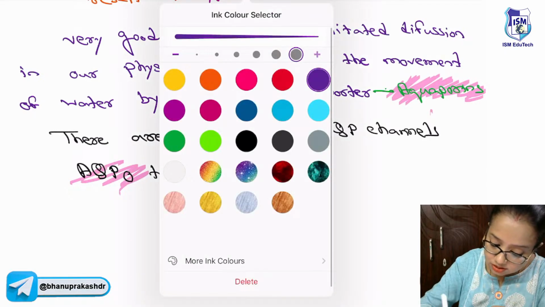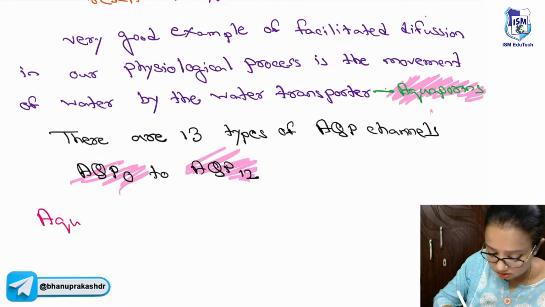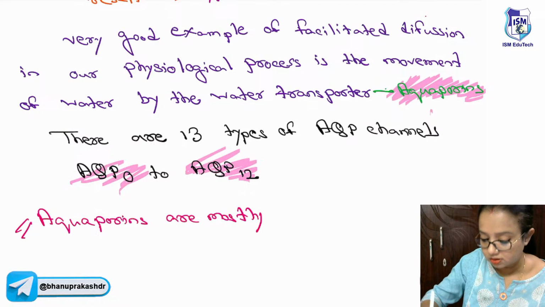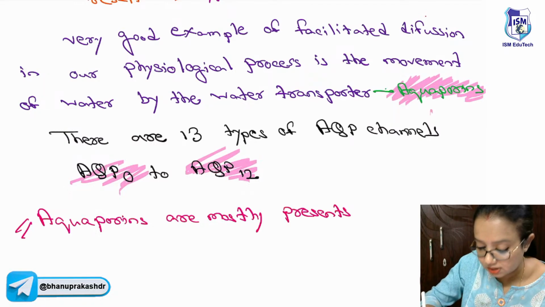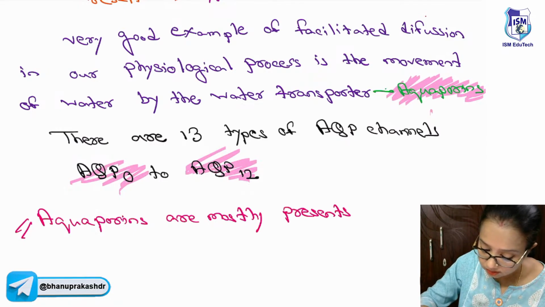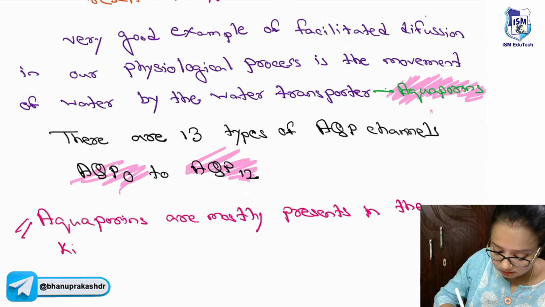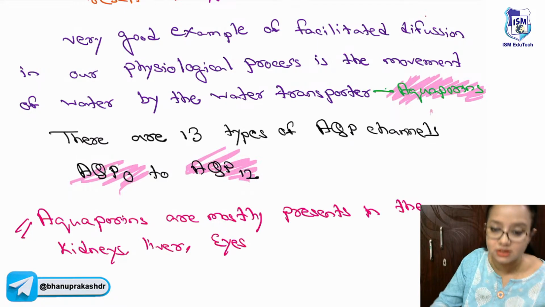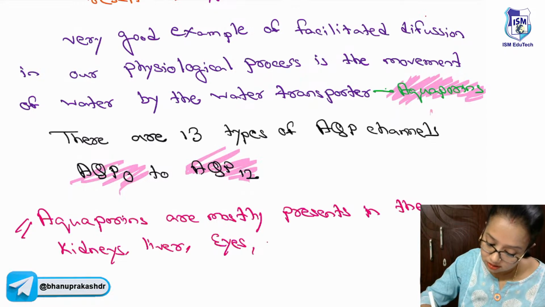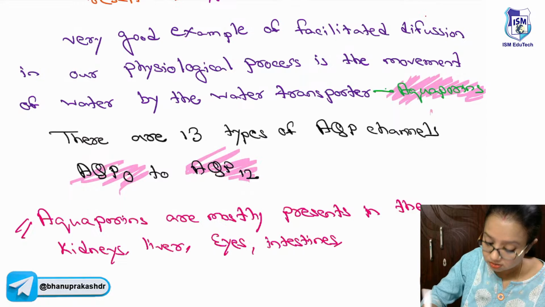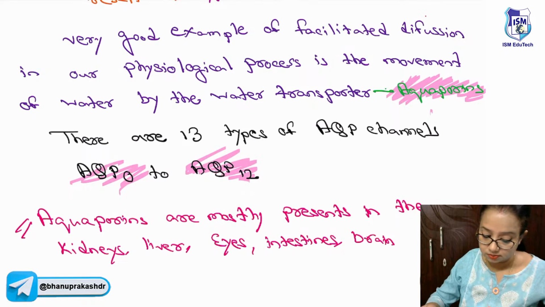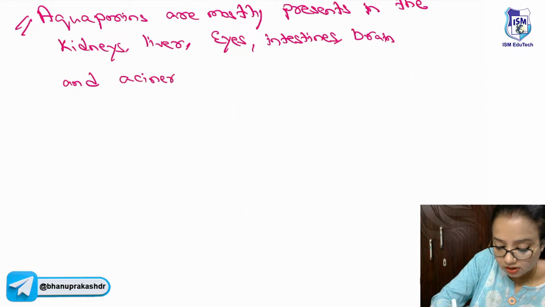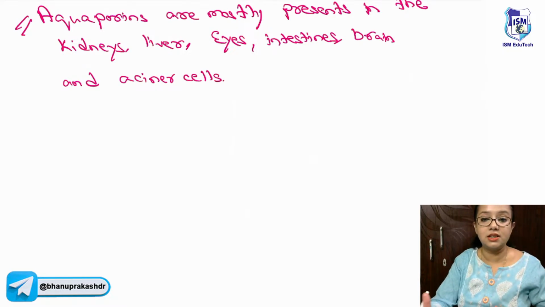All these aquaporins, these water transporting channels, are mostly present in the kidneys, also liver, eyes, especially the lens of the eyes to be very specific, intestines, brain, and acinar cells that secrete the digestive juice.